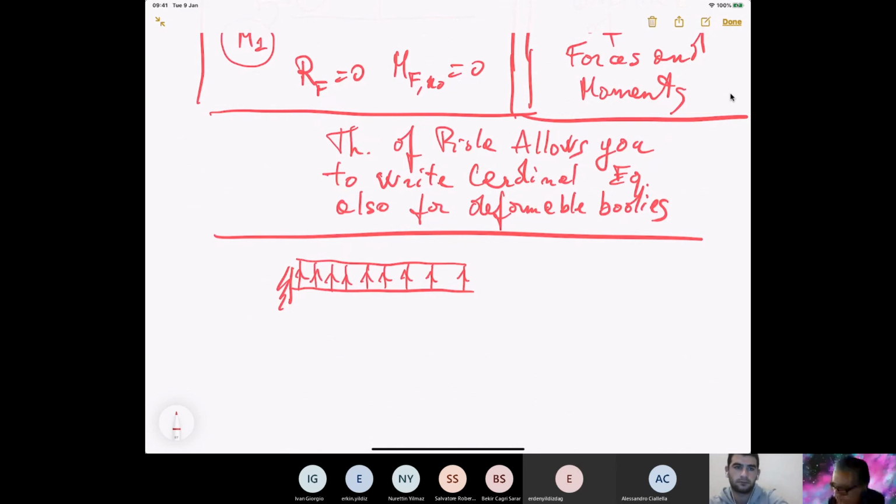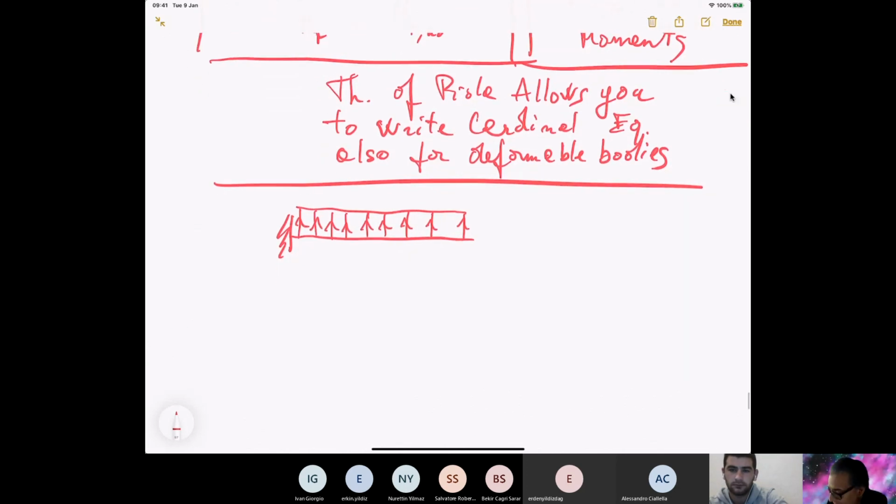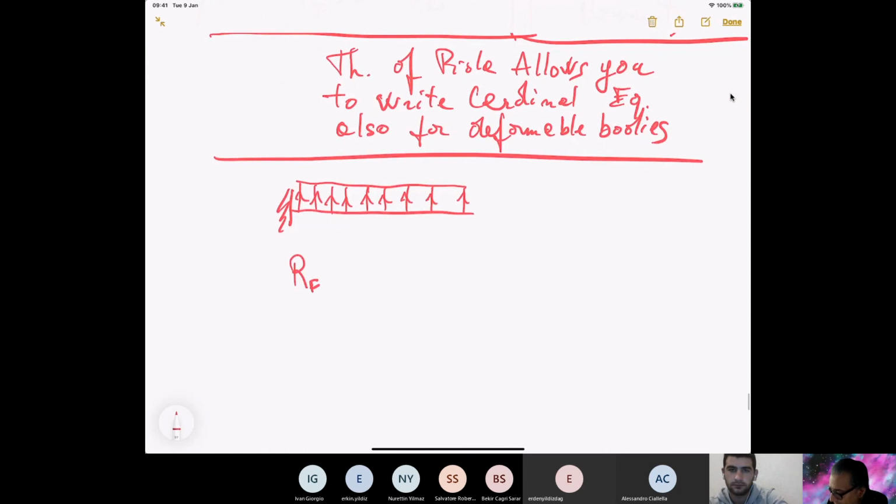So you could say that you are unhappy because, in order to calculate the resultant force of the distributed load b, the resultant is the integral between 0 and L of b dx. So you must calculate this integral. If b is constant, this integral is trivial.